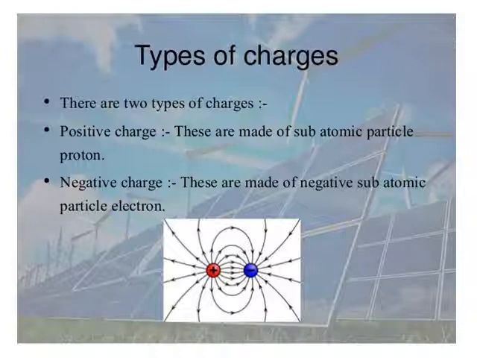Example, an ebonite rod rubbed with fur acquires negative charge. A body is said to be positively charged if it loses electrons. For example, a glass rod rubbed with silk cloth acquires positive charge. So there are totally two types of charges: positive charge and negative charge.